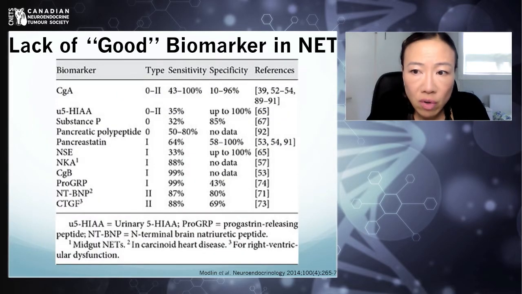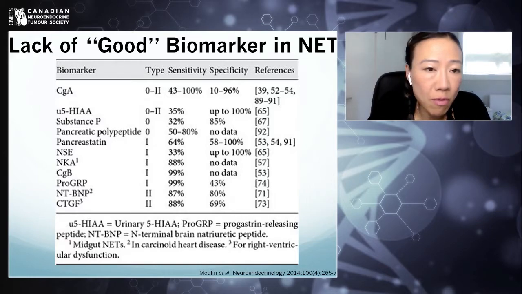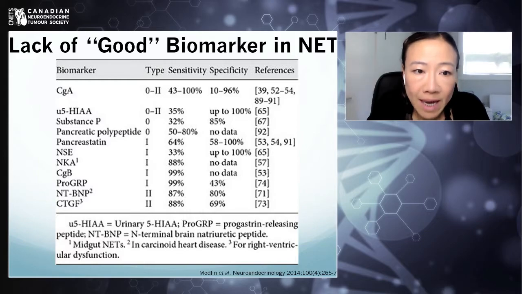Unfortunately, in the neuroendocrine world, we really lack good biomarkers, meaning type 2 biomarkers, or biomarkers with the highest sensitivity and specificity. This paper summarized all the biomarkers that we have explored in neuroendocrine tumor, such as chromogranin A, urine 5-HIAA, substance P, pancreatic polypeptide, pancreastatin, and several others.